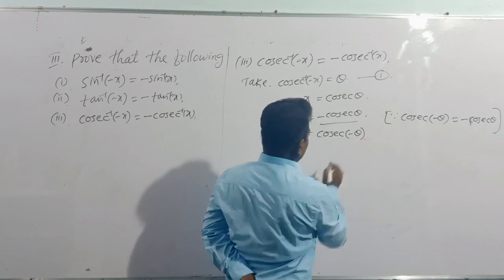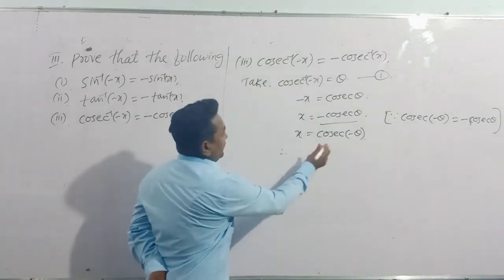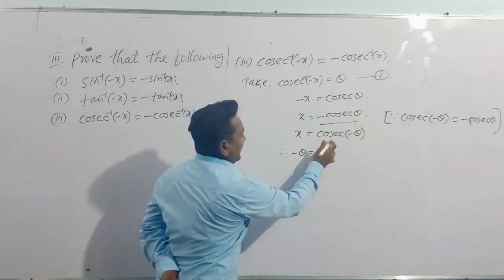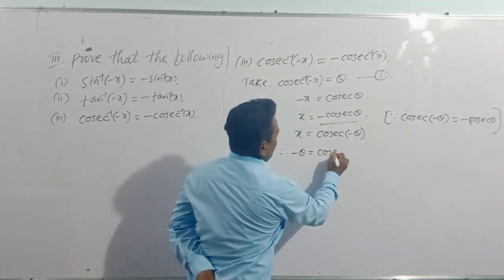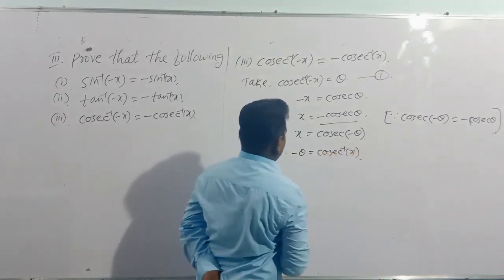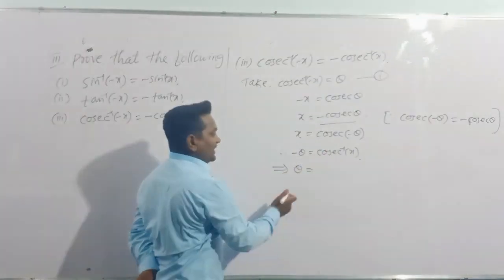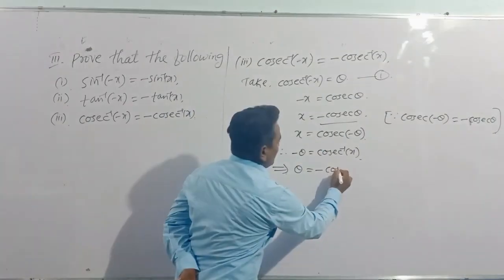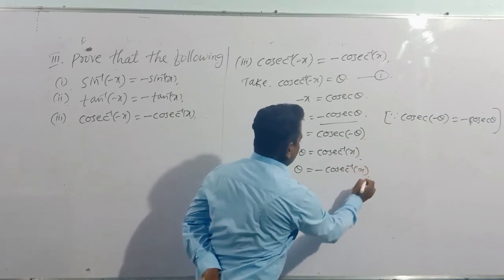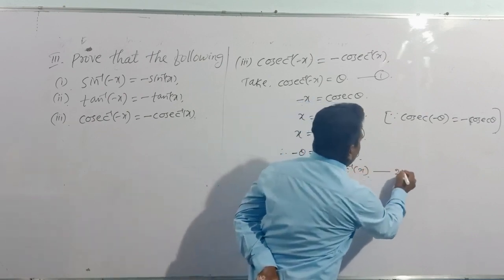Therefore minus theta equals cosec inverse x, which implies theta equals minus cosec inverse x. Take it down as equation number 2.